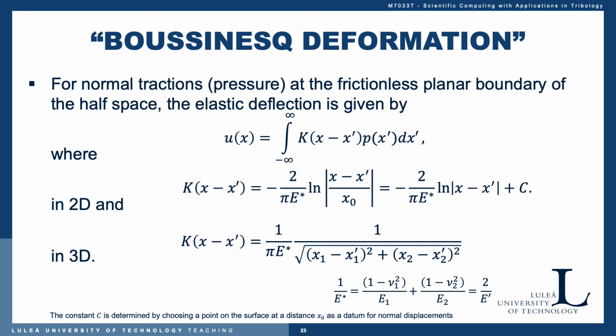And in 2D, in the contact mechanics problem in 2D, we have a 1D expression for the kernel, and this is given by the logarithm of the absolute value, or the distance between the point where the point load acts and the point where we evaluate the deformation. And for more details on that, you can take a look in Kay and Johnson's book. And then in 3D, the kernel looks like, yeah, precisely like we have seen before.